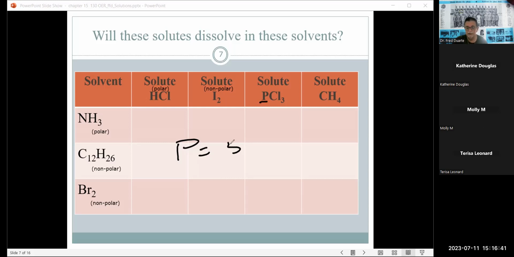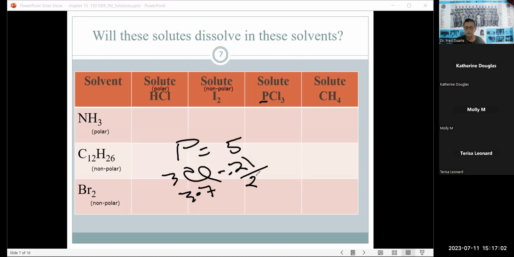Phosphorus has 5 valence electrons. There are 3 chlorines, and each one brings 7 valence electrons, so that means there are 21 valence electrons coming from the chlorines. Remember how we did that?